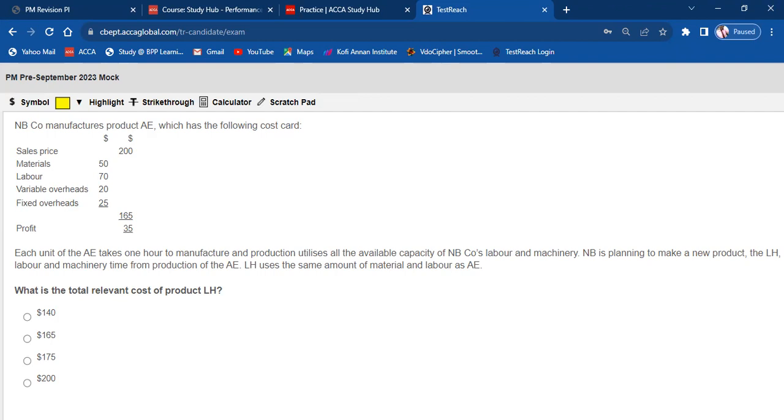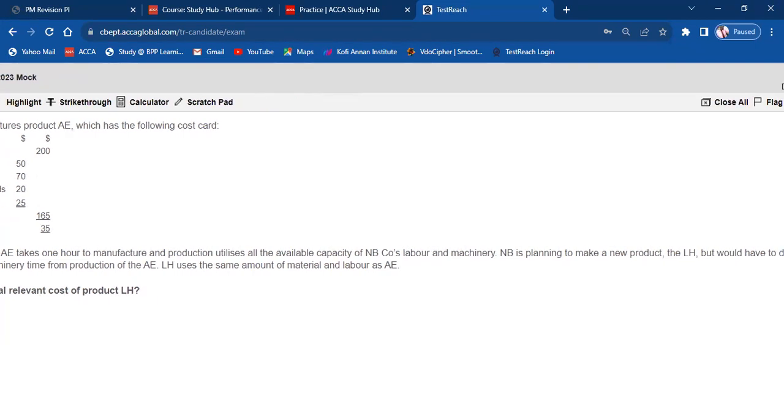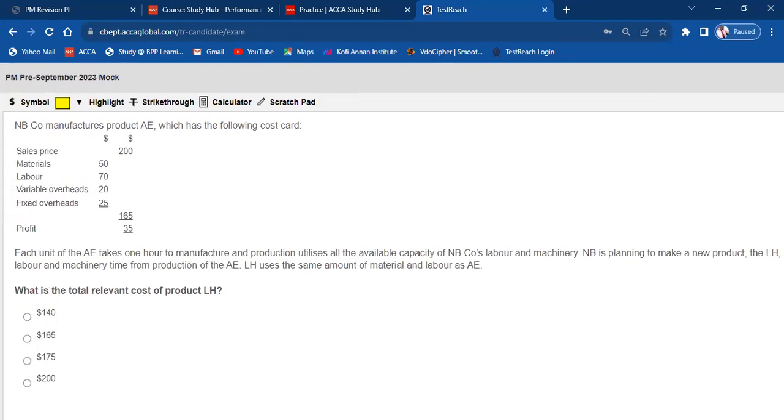NB is planning to make a new product, the LH, but would have to divert labor and machine time from production of the AE. LH uses the same amount of material and labor as AE.